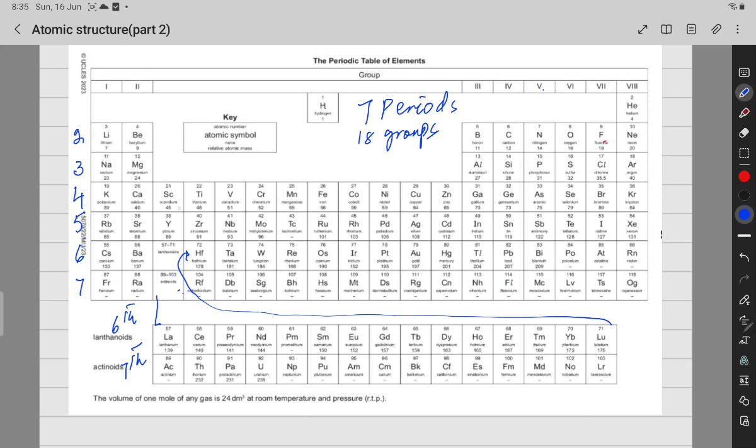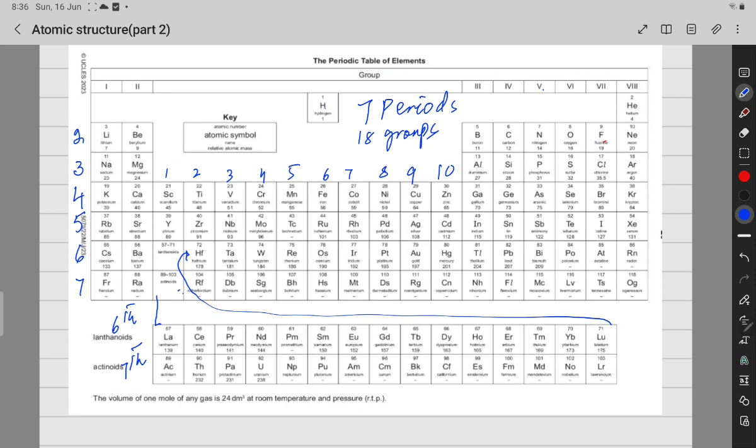And this is the central block in which the transition elements are present. Here are 1, 2, 3, 4, 5, 6, 7, 8, 9 and 10.